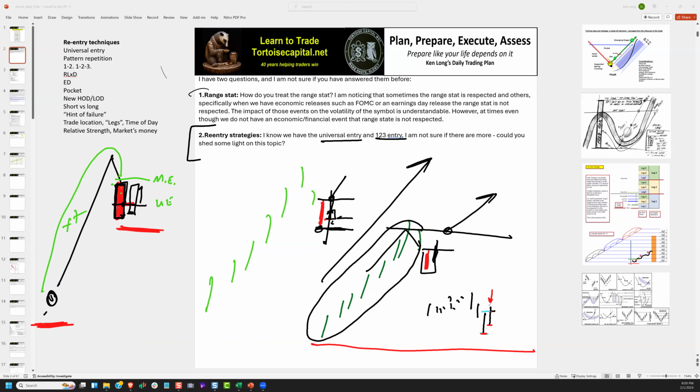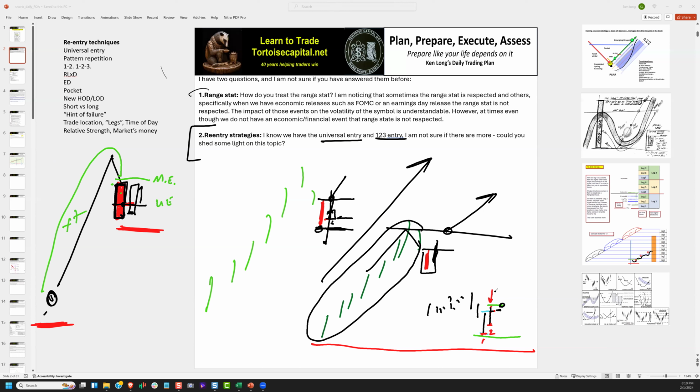Then when it closes, if it had made a new high and a higher low, then and only then this is bar 2 and that becomes bar 1. Now, when this bar closes and you know it's bar 2, the next bar is bar 3 because it will open where that bar closed, and then your entry is 5 cents above that, as long as it didn't break the low of bar 1. And that's where my entry is going to be. That's a 1, 2, 3 entry.